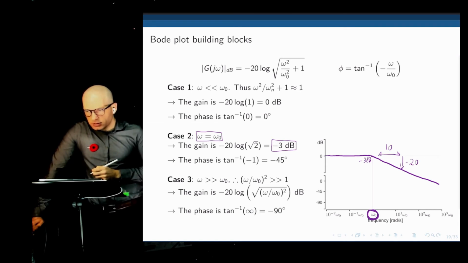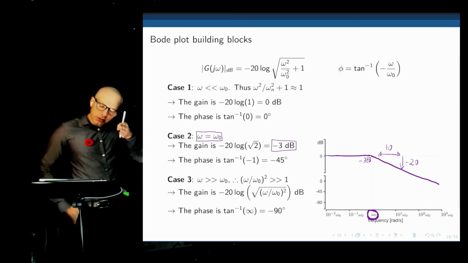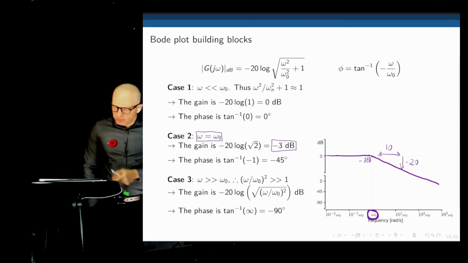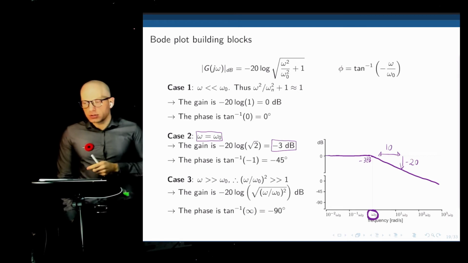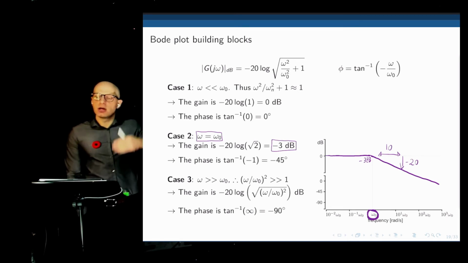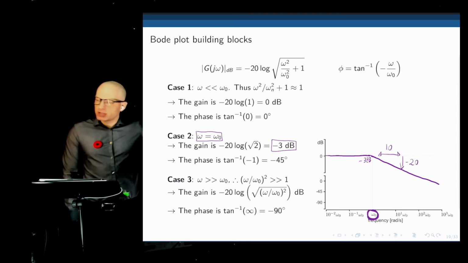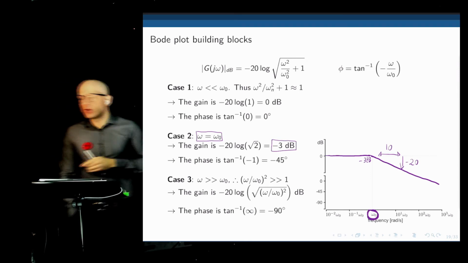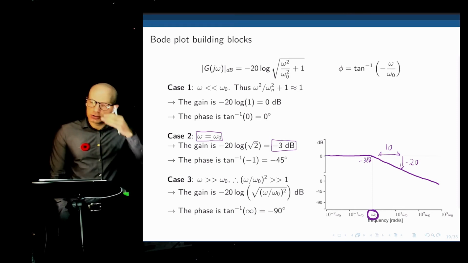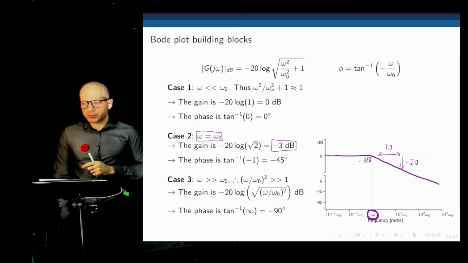It's the same as we saw before, same type of slope, but notice that now the slope starts at the cutoff frequency. As the frequency increases by a factor of 10 with respect to the cutoff frequency, then we go down by negative 20.